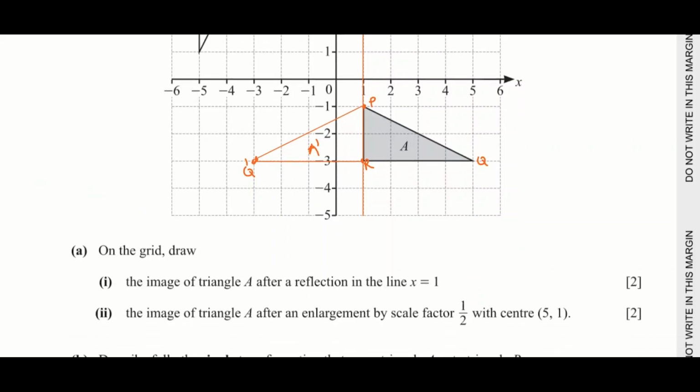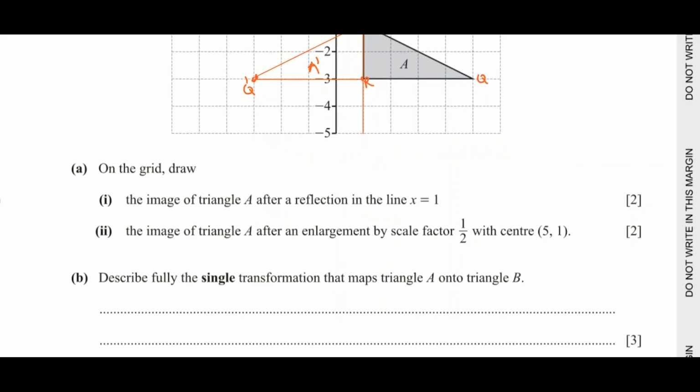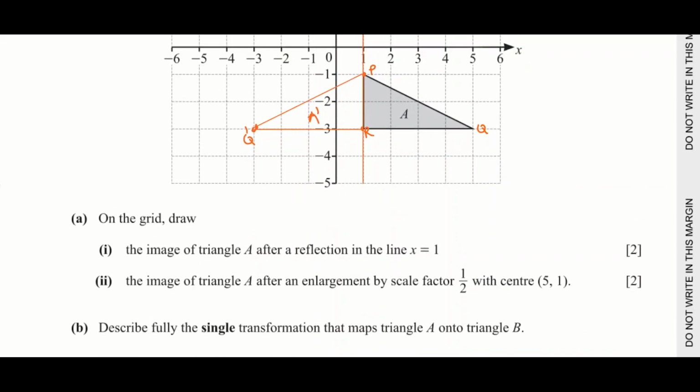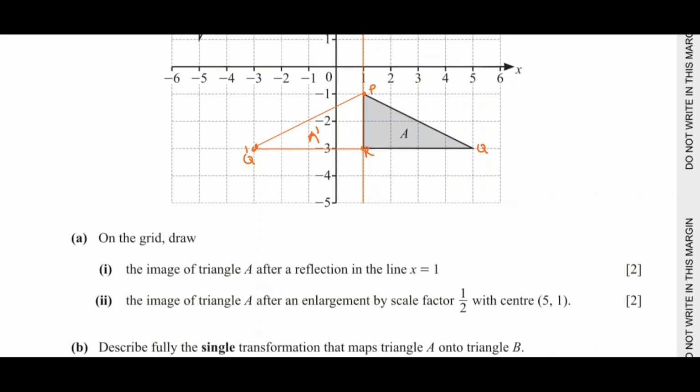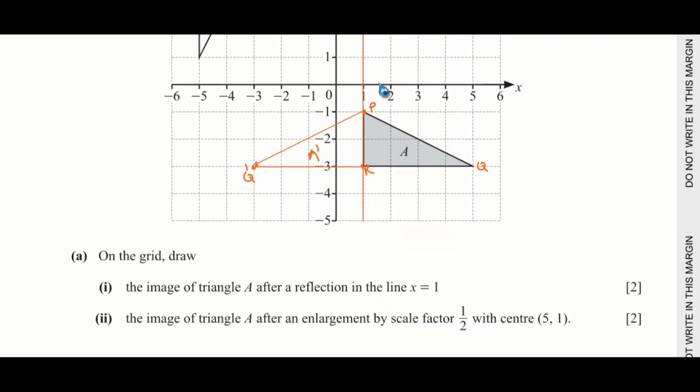Let's see the next question. Figure 2: the image of triangle A after an enlargement by the scale factor of 1 over 2 with center 5, 1. We need to take note of two things. The scale factor is a fraction, 1 over 2, and the center of enlargement is 5, 1.